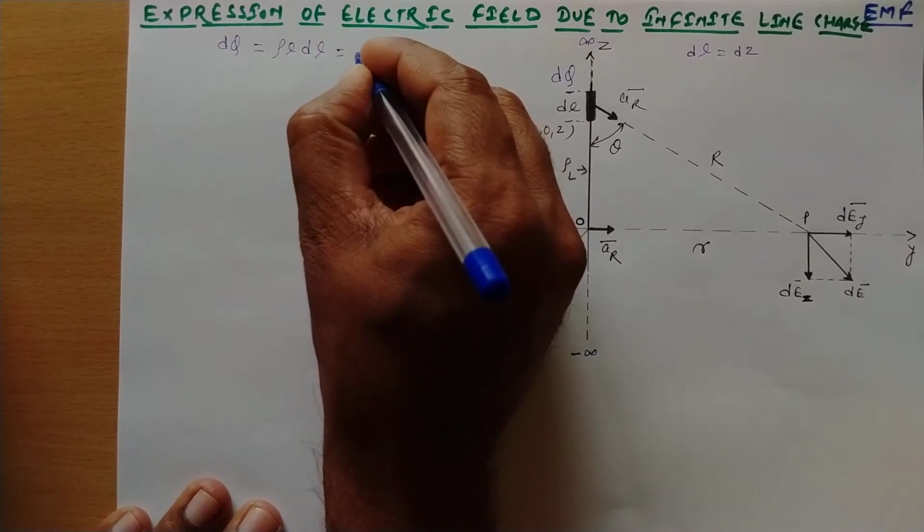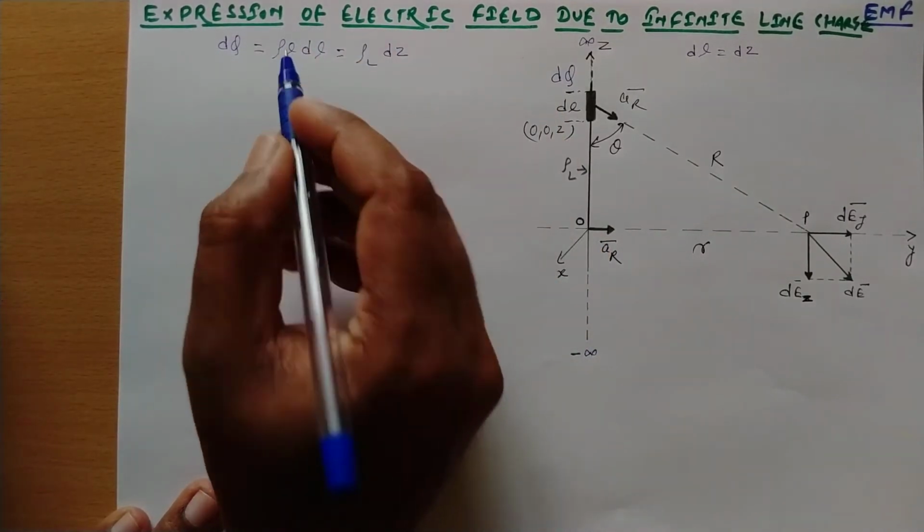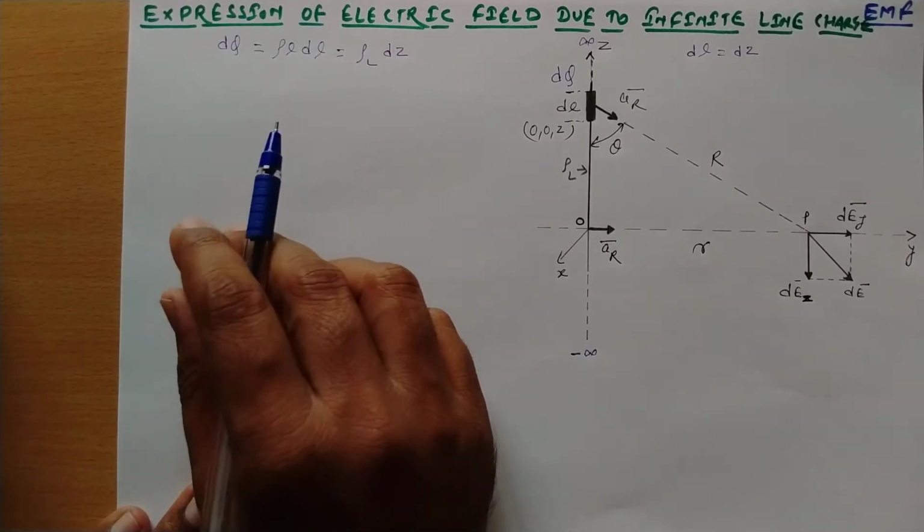So we can write dq equal to rho L into dz, where L is capital.